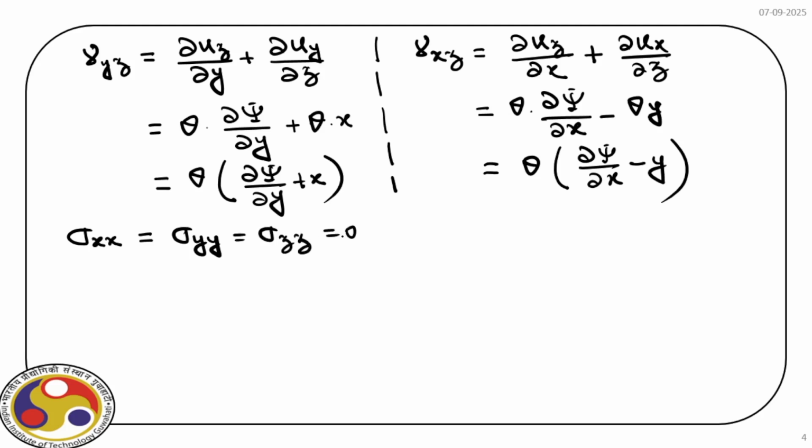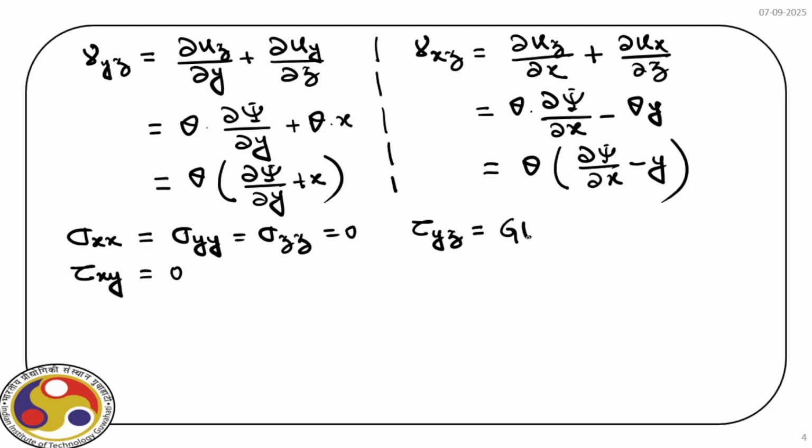Not only that, tau xy, which is g times gamma xy, because gamma xy is 0, this component is also 0. So effectively we have two shear stresses, tau yz, which is g times gamma yz. In place of gamma yz, we can now write the expression that we have just derived.